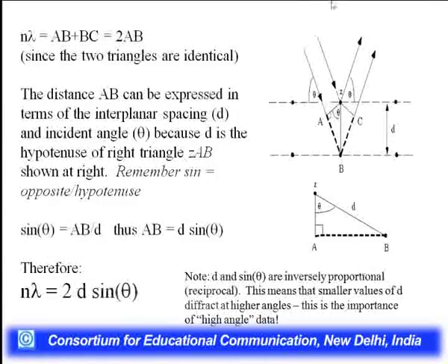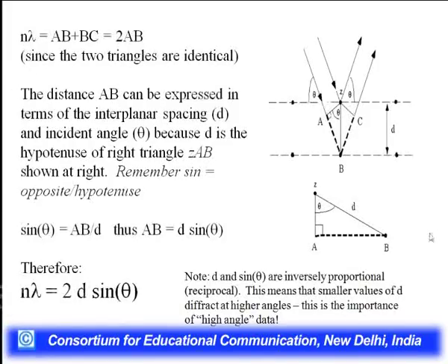Thus, the path difference will be n lambda, which is equal to AB plus BC, or we can write it as 2AB. Since the two triangles are identical, these distances are the same, so we write 2 times AB, and BC can be written as AB.